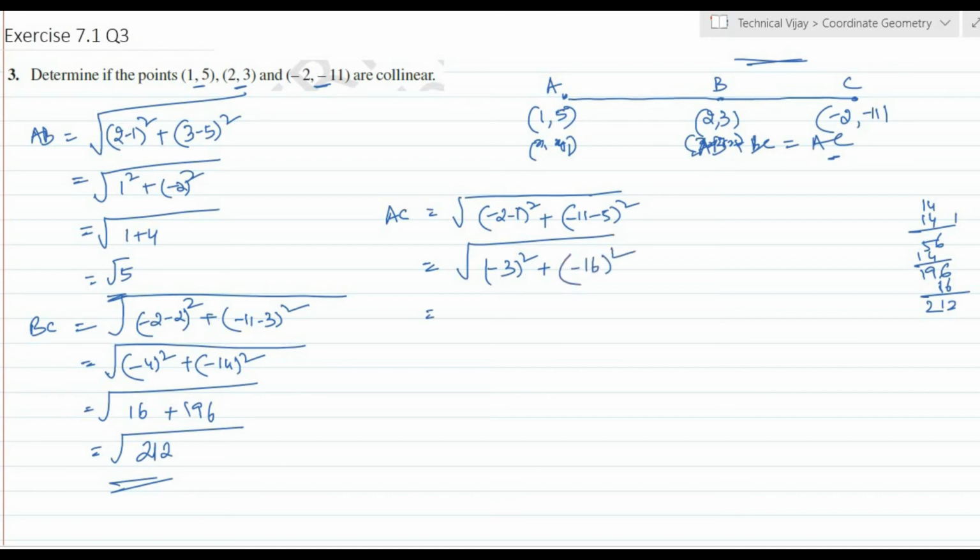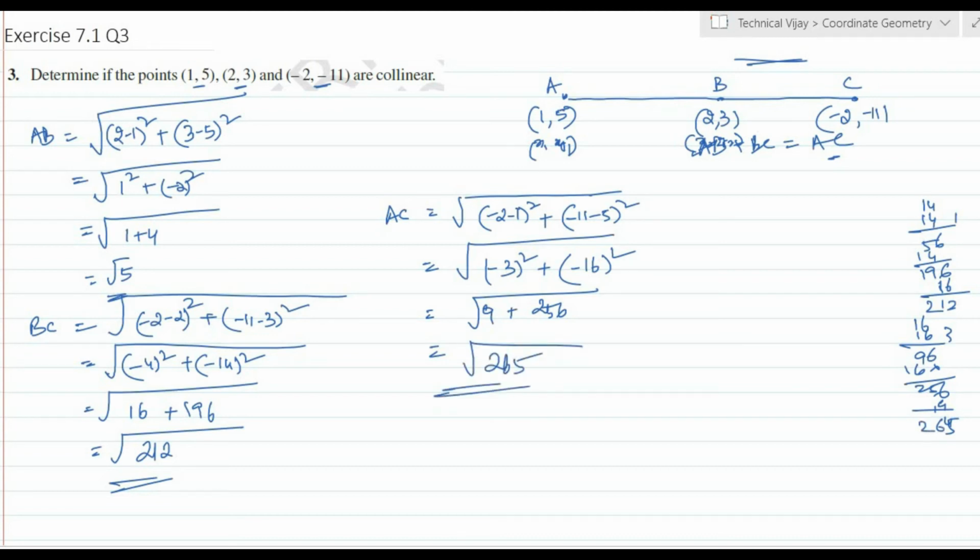Here 9 plus 16 square, where 16 times 16 is 256. Adding 9, we get 265. So this is 265.